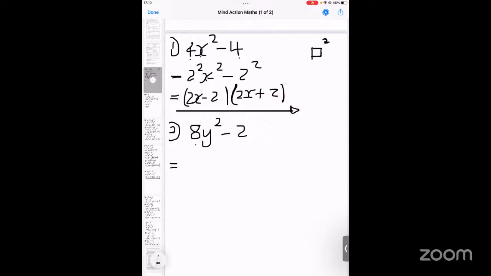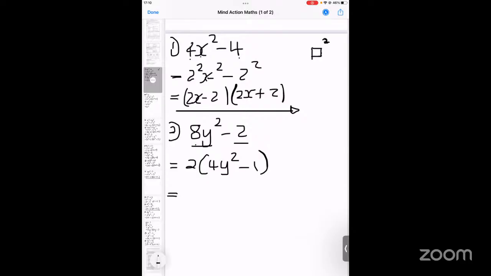So that means it can't be written as something squared. Do you agree? Yes, sir. Then we take out something as common factor. What is that number which can be common? 2. Yes, so if we take it out, do you agree that we end up having 4y minus 1? Do you agree there?